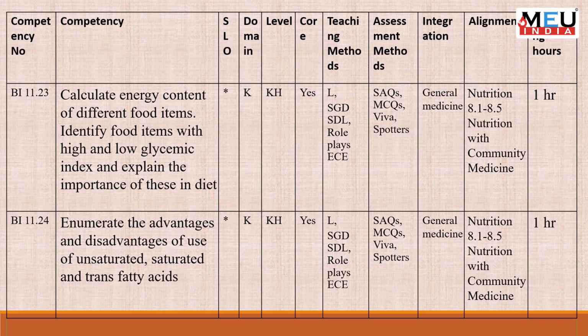Competency 11.23 is to calculate energy content of different food items, identify food items with high and low glycemic index, and explain the importance of these in diet. And 11.24 is to enumerate the advantages and disadvantages of use of unsaturated, saturated, and trans fatty acids.